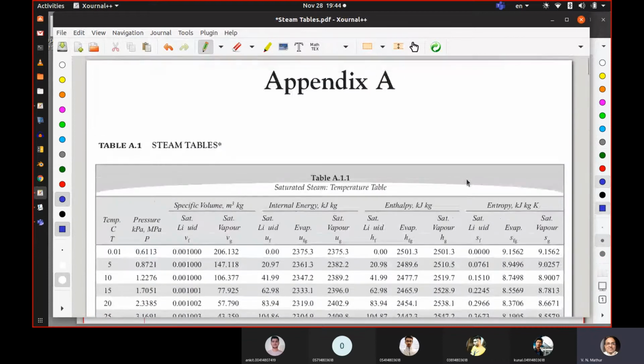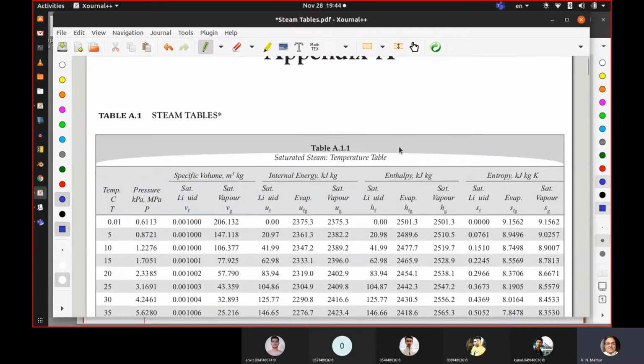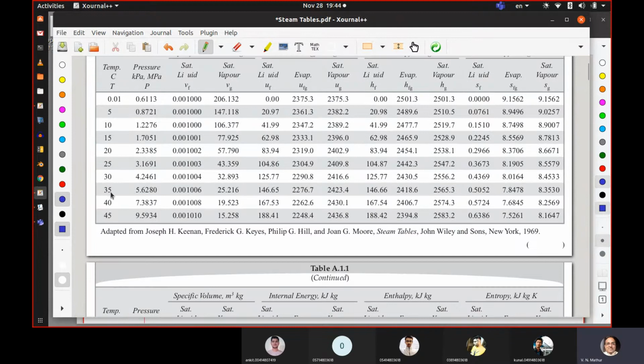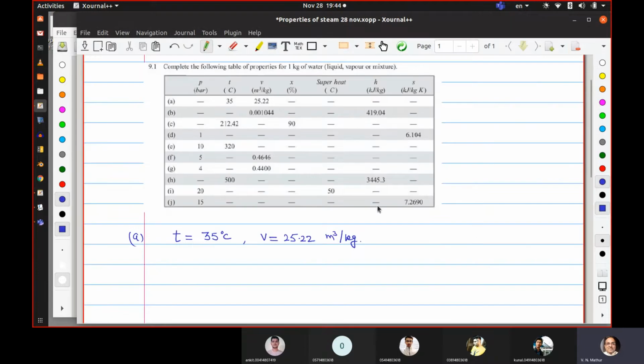This is table A1.1 at the end of the book. At 35 degrees centigrade, volume of the saturated liquid is 0.001006 and saturated vapor is 25.216. Okay, what was the value here? 25.22. It's almost the same.